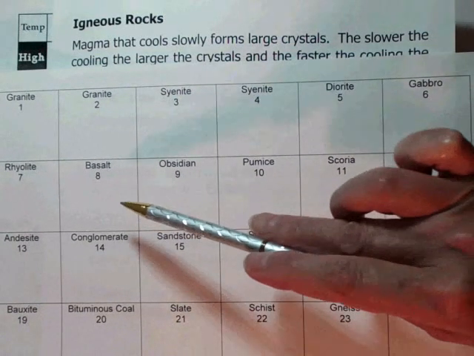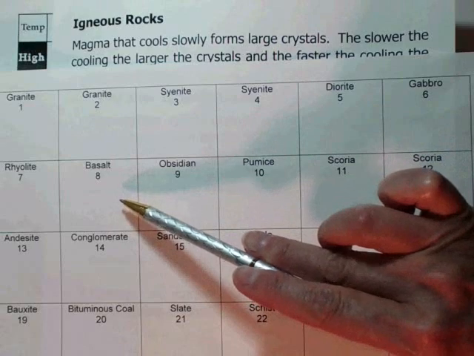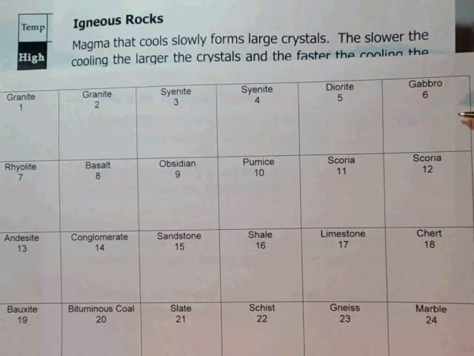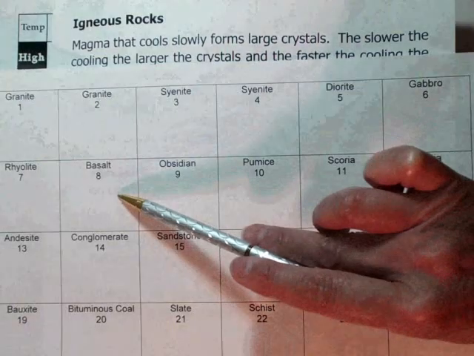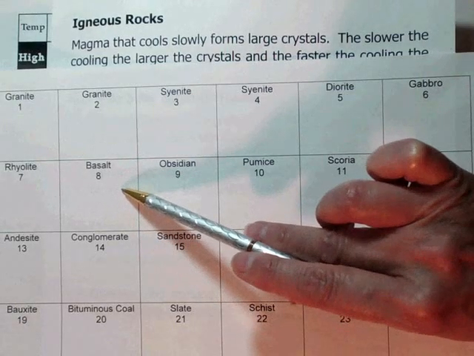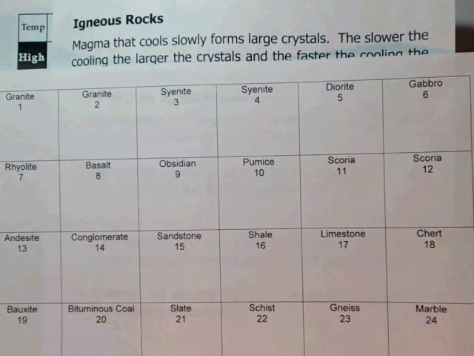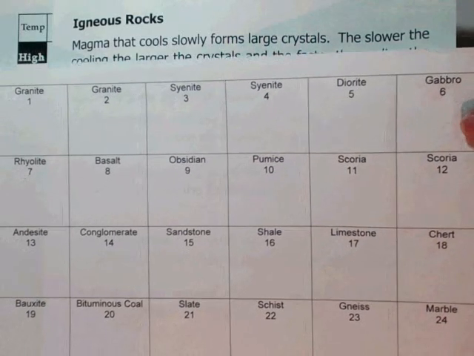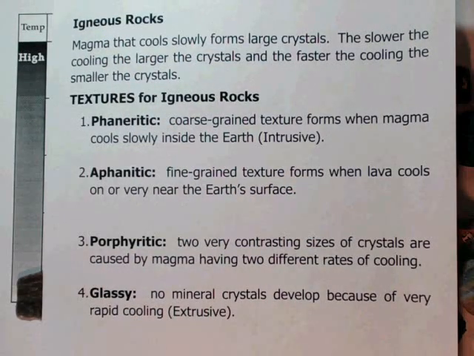And the basalt, if you remember, we had that next to the gabbro, same mineralogy as gabbro, but gabbro has a larger crystal grain, so it's phaneritic. Basalt is aphanitic. So 7 and 8, rhyolite and basalt, exhibit an aphanitic texture. Okay, fine grained.